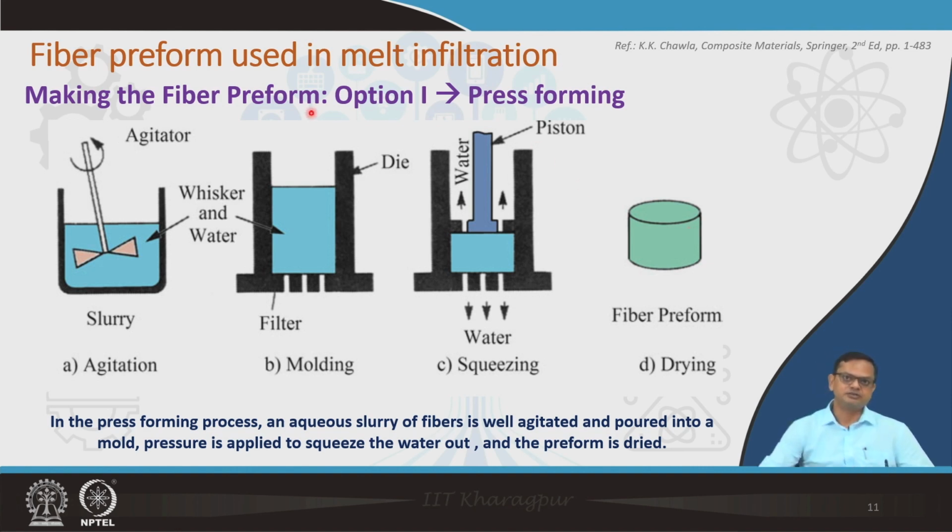So there are different ways. One is press forming. In press forming, what is done? A slurry is made. Now what is this slurry? Basically there will be a solvent. In that solvent the fibers or the particles will be added, okay, along with some amount of binder and some amount of wetting agent.